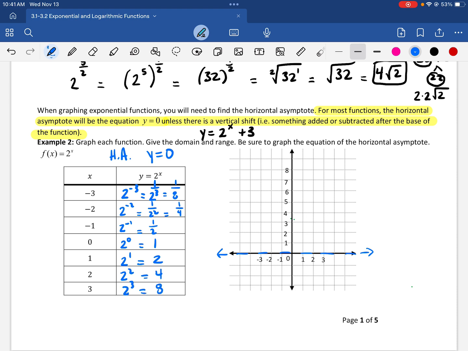And 2 to the third is 8. So now we have all those x values and y values, and we can plot this function.